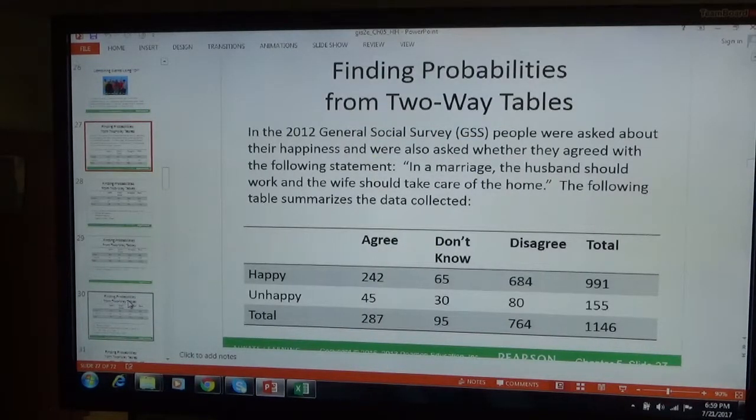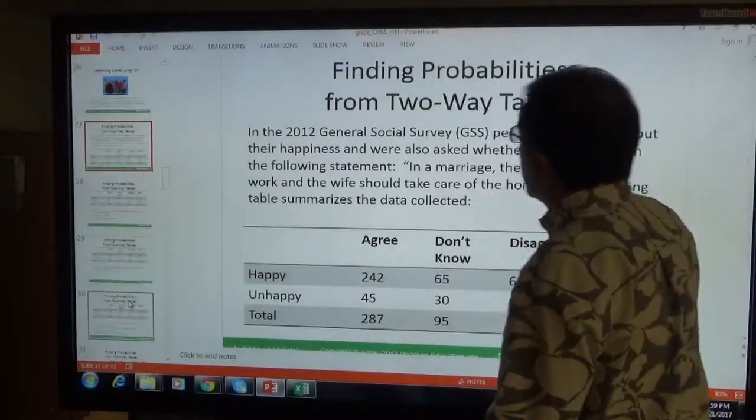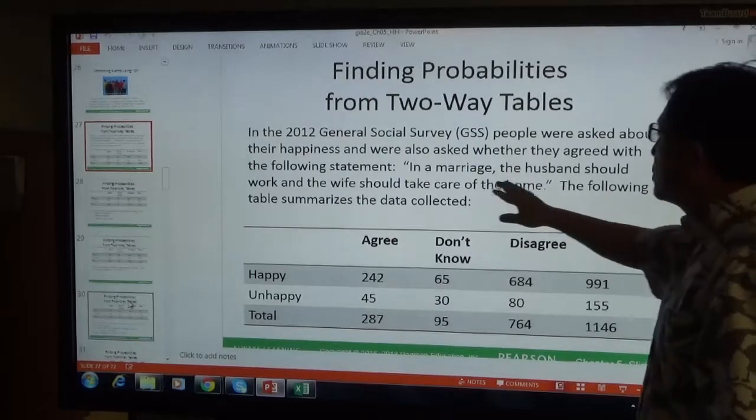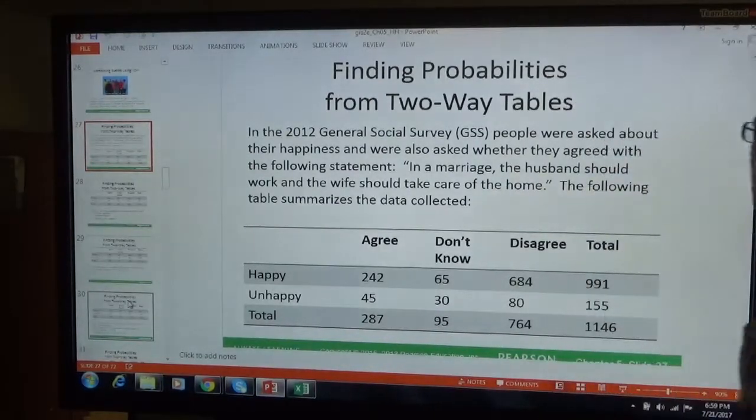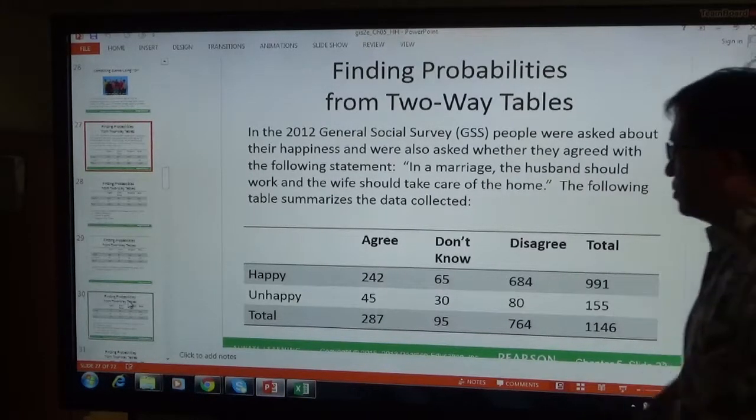Okay, so look at this table. Happiness: are you happy or not? Also, agree with the following statement: in a marriage, the husband should work and the wife should take care of the home. So, and then we have these tables.